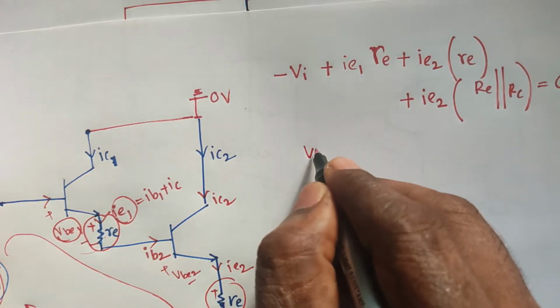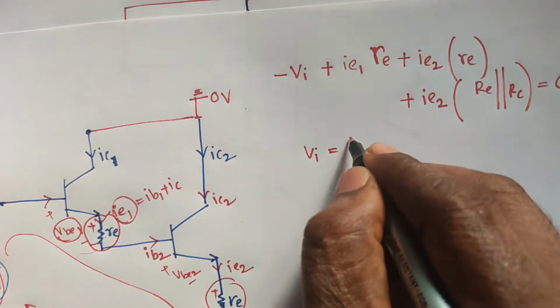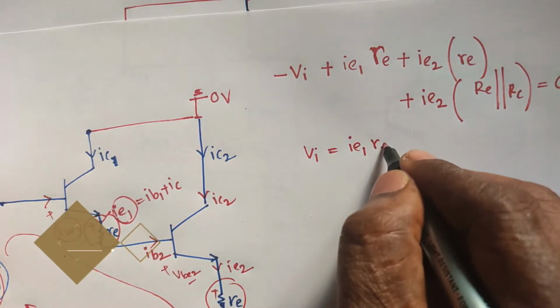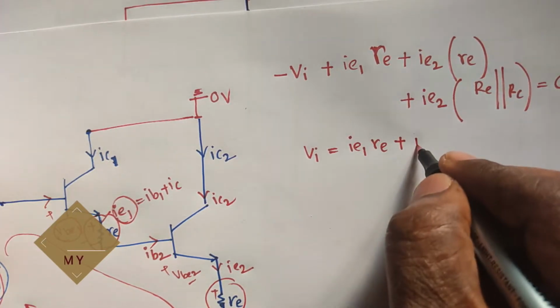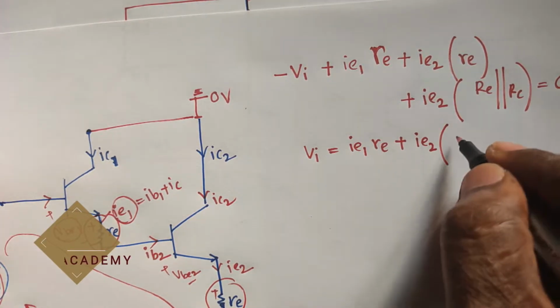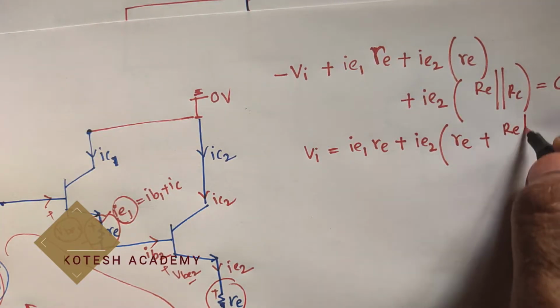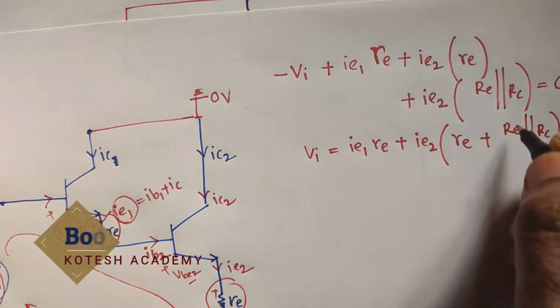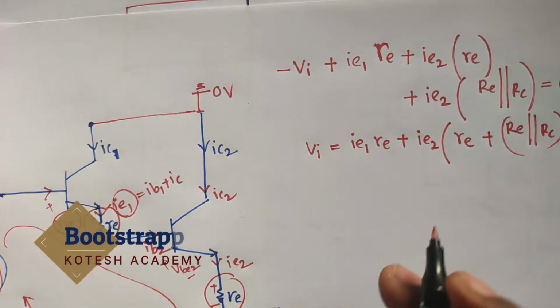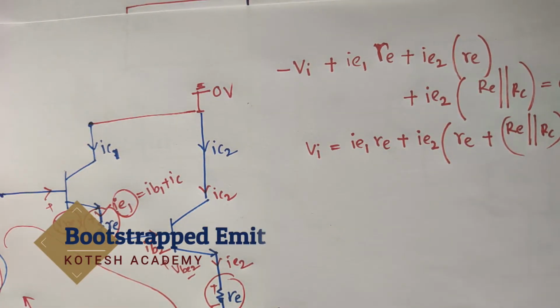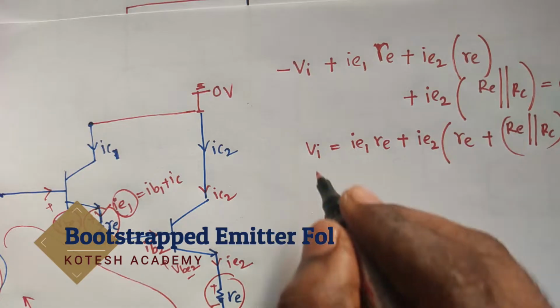So finally VA is equal to IE1 into RE plus, here IE2 is common, and that value is RE plus RE is parallel with RC, that is the resistance. From this expression, we have to calculate that entire input impedance.